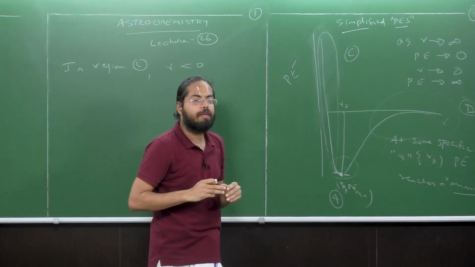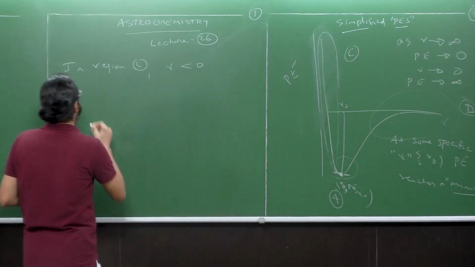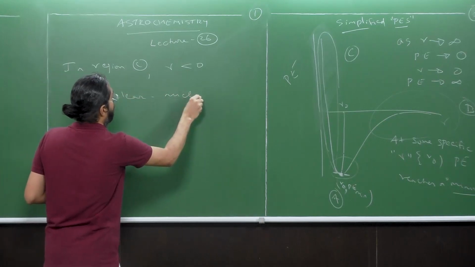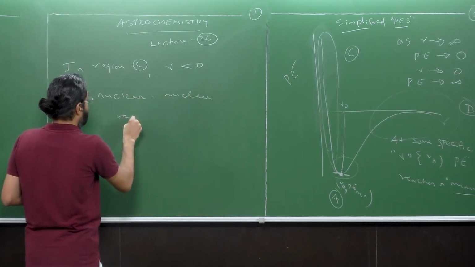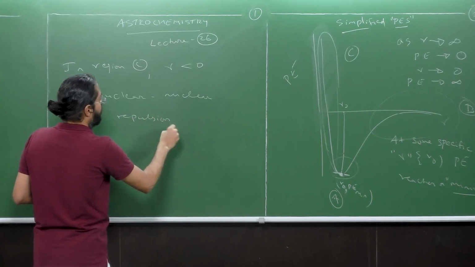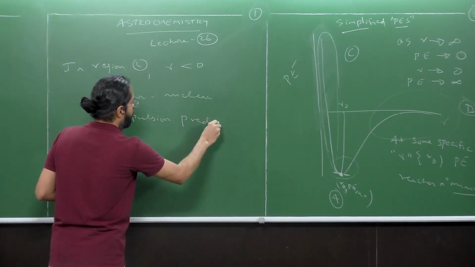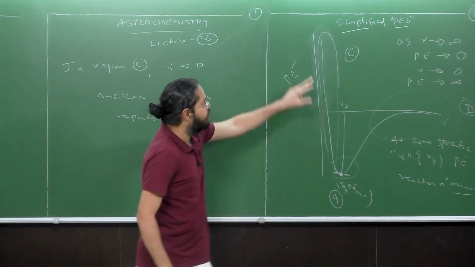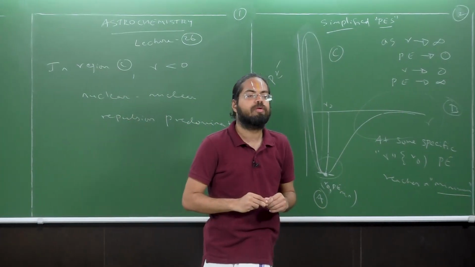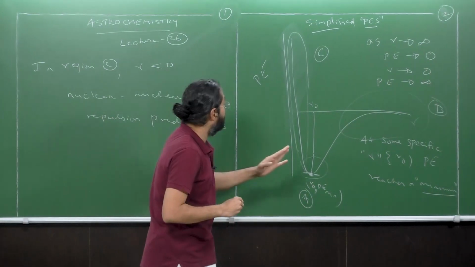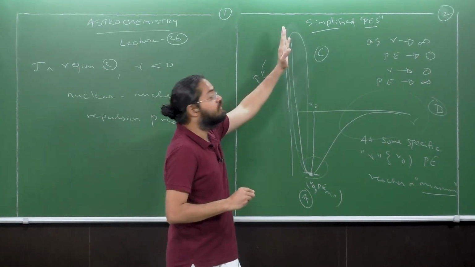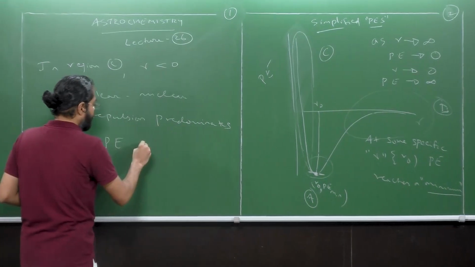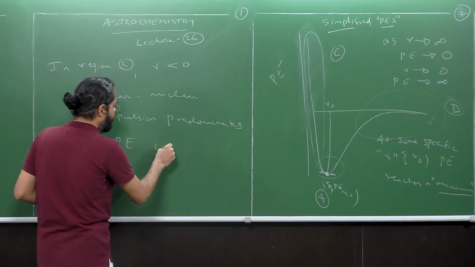Now what happens? The nuclear repulsion term predominates. And as a consequence, the potential energy rises very steeply, so P increases very steeply.